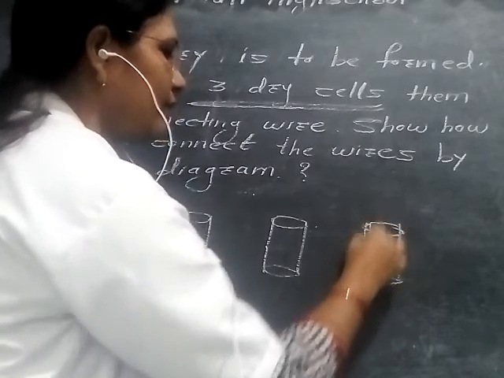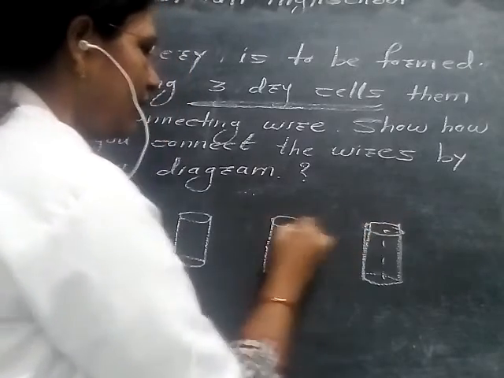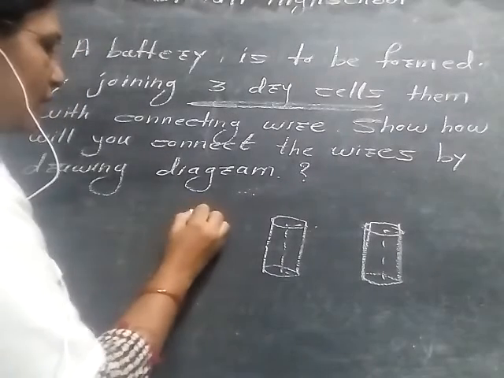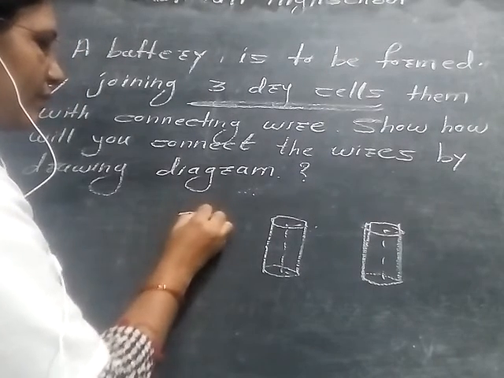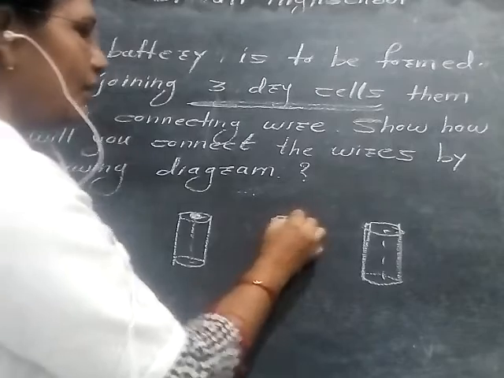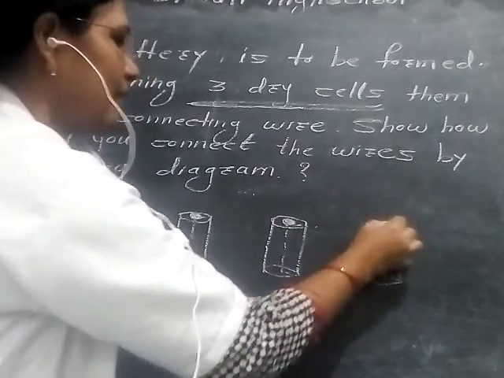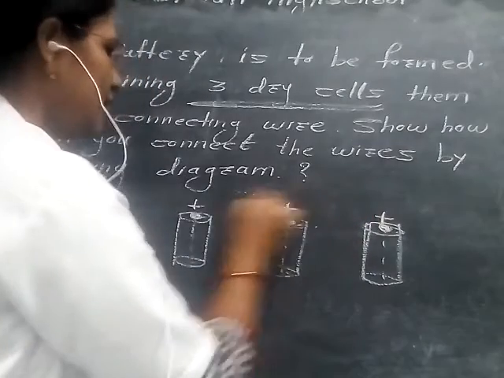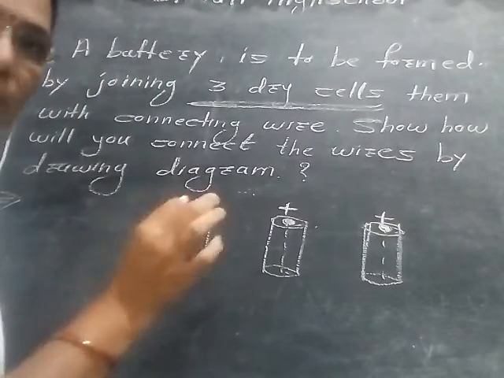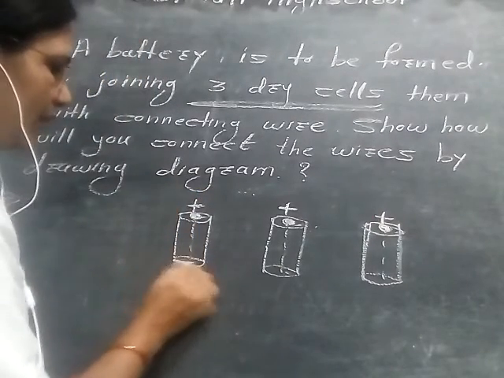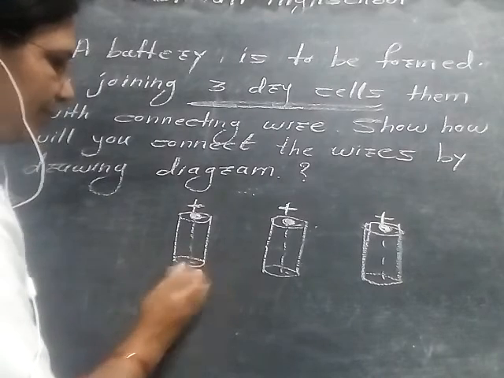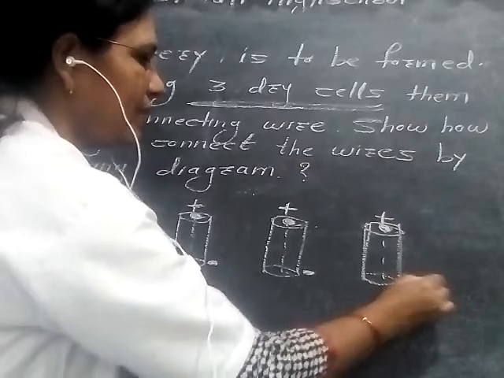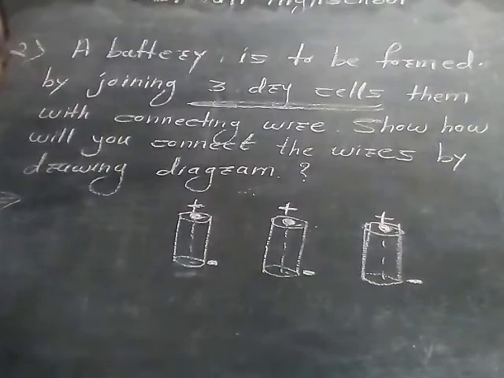Each dry cell has two terminals, one positive and one negative. This cap-like structure on the top of the cell is the positive terminal, and at the bottom is the negative terminal. So these are the three dry cells.